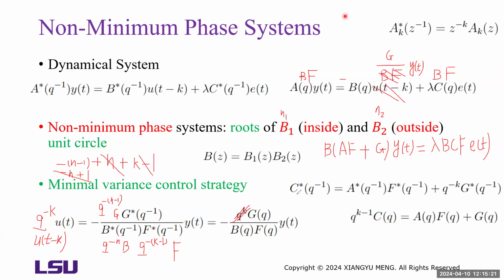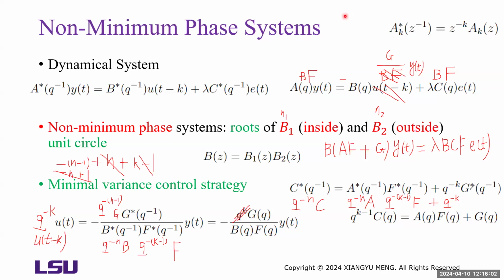C star is of order n, so it will be q to the negative n times C. Then A star is of order n, so it will be q to the negative n times A. F star is a polynomial of order k minus 1, so it will be q to the negative (k minus 1) times F, plus q to the negative k.